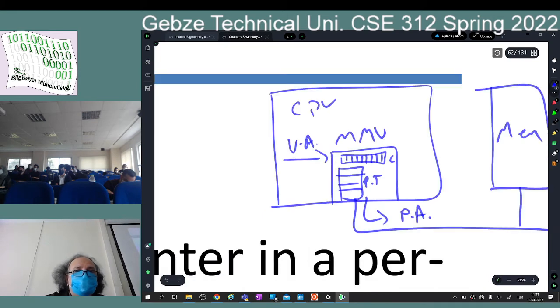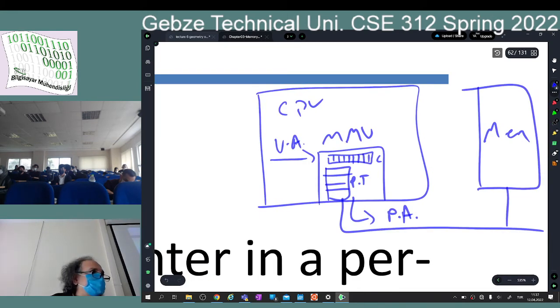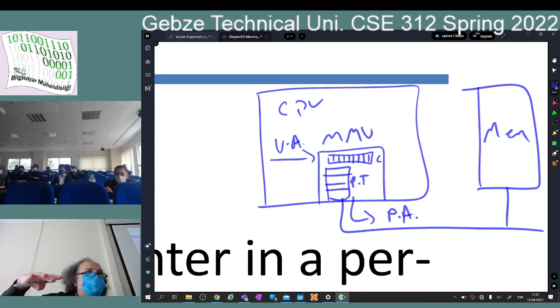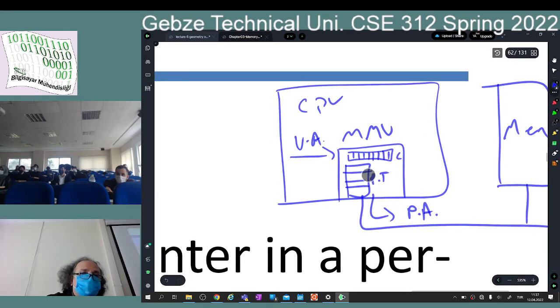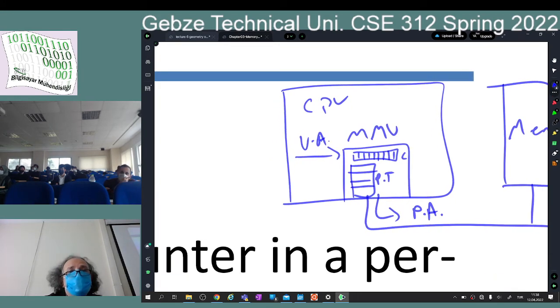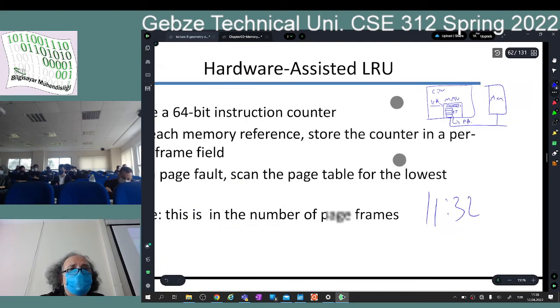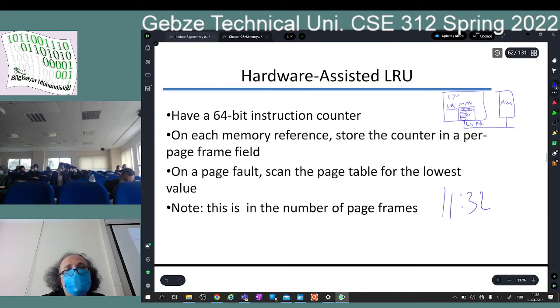I have a counter, and that counter is incremented at every instruction. Whenever I execute an instruction, I increment this instruction counter. And whenever I make a memory reference, I put this counter to the referenced page. That kind of solves the whole problem, and it works beautifully.